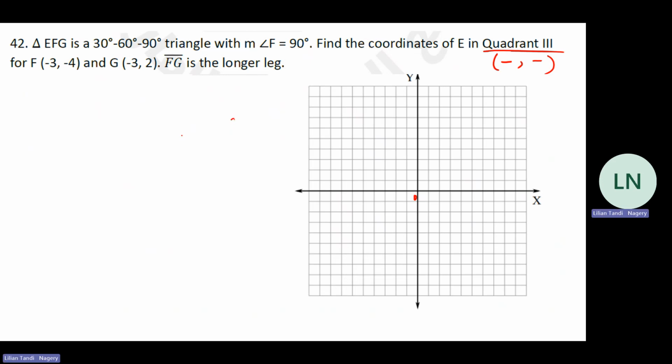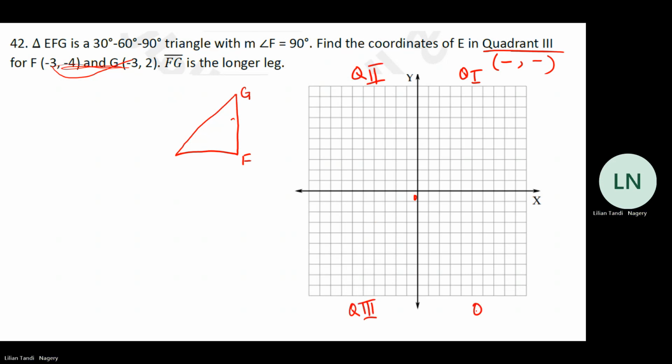No, wait. Let's look again. So let's draw our sketch here. And let's see, what do I notice? I notice my x's are the same, so these lines are vertical. Angle F is 90, so it is down here. So therefore, this is G. Okay? Now, let's plot quadrant 1, quadrant 2, quadrant 3, quadrant 4.